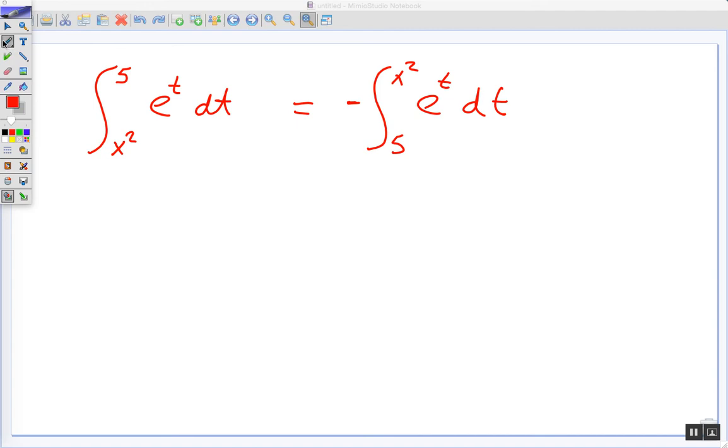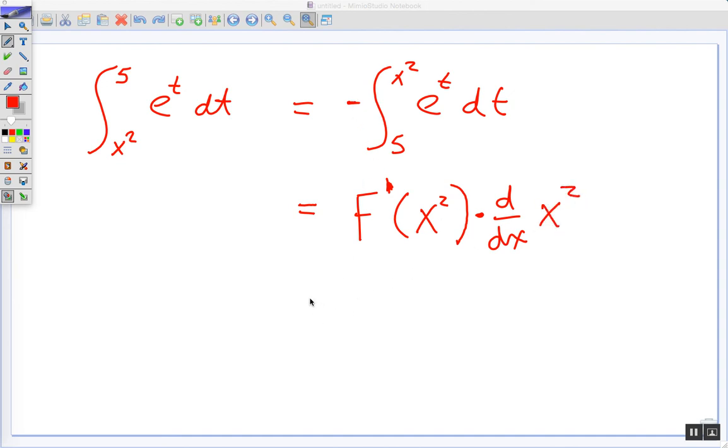Okay, so let's go ahead and evaluate this. So again, we have a formula for capital F of x, but we're evaluating f of x squared, deriving that. So we have to use, again, the chain rule and multiply by the derivative of x squared.